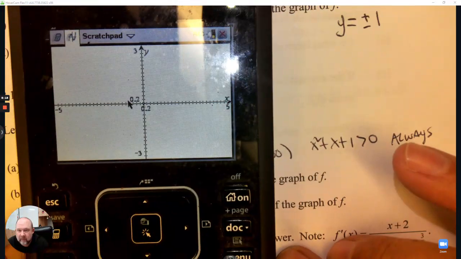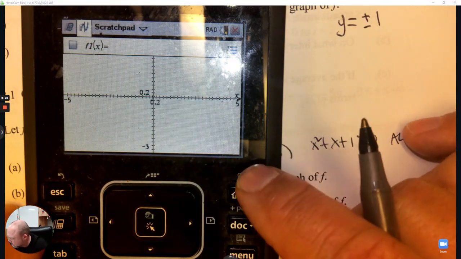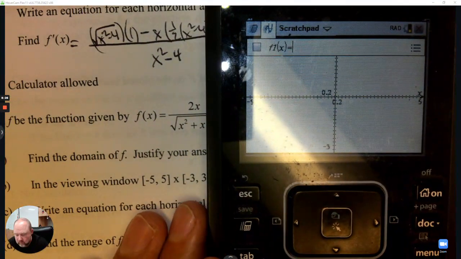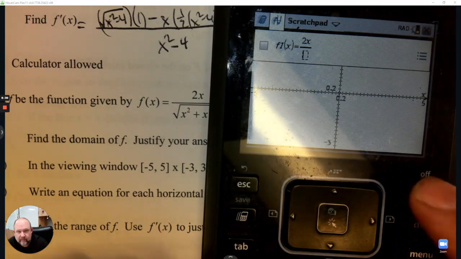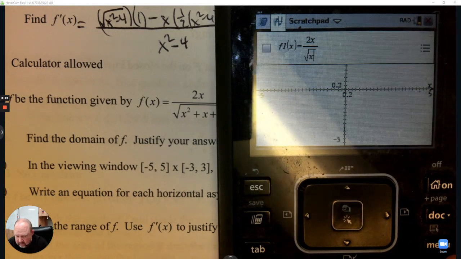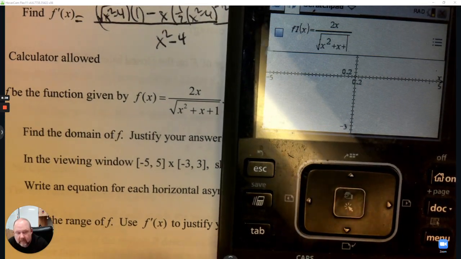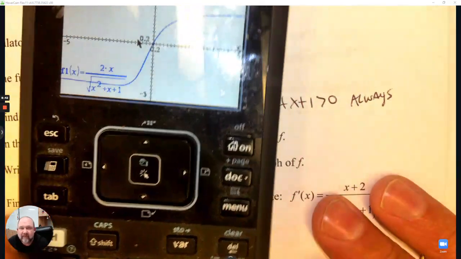So there's the window we want, and then the equation is 2x over the square root of x squared plus x plus 1. All right, so there's the graph that I have.